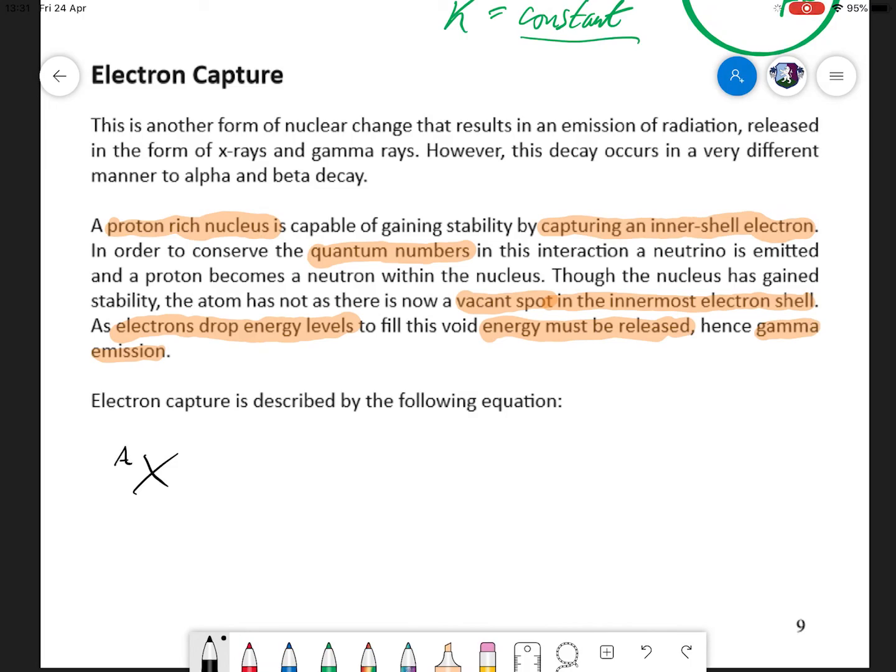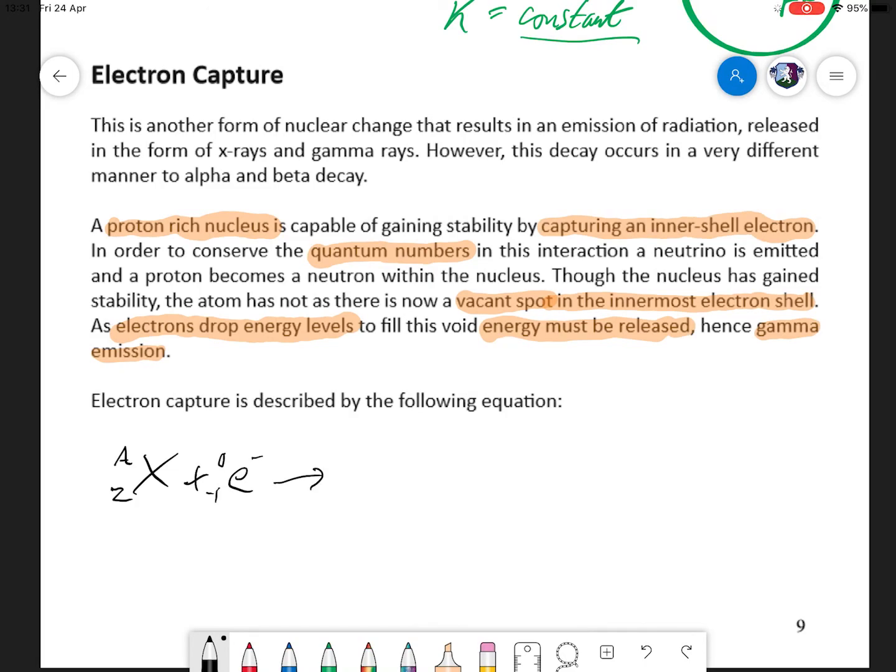So the equation, very simply, we start with our nucleus, and instead of just decaying, we're adding something here. It's absorbing an electron. At which point it will then change into a new nucleus.